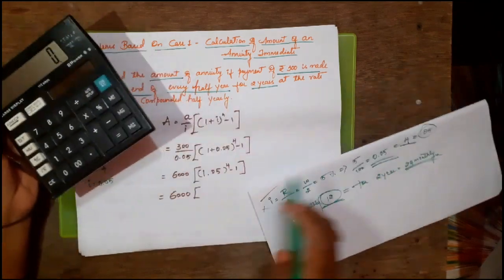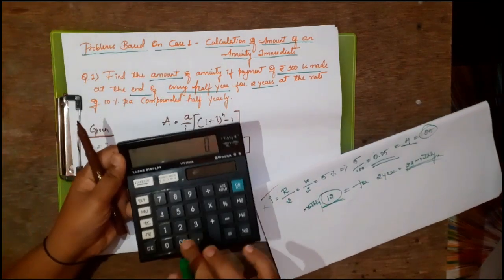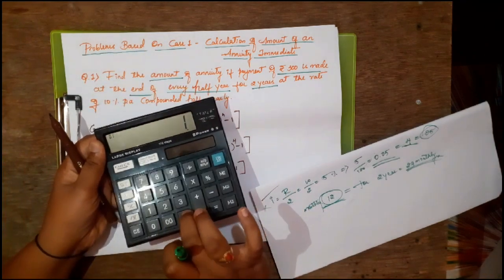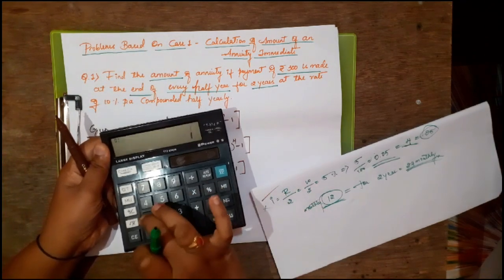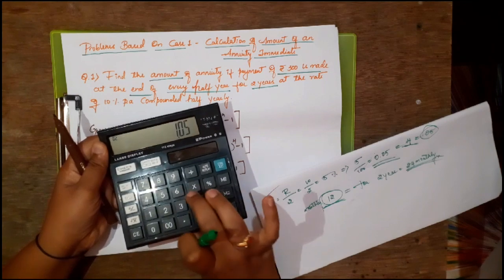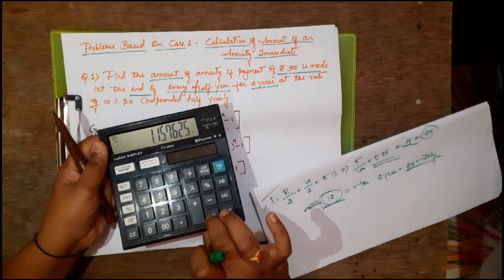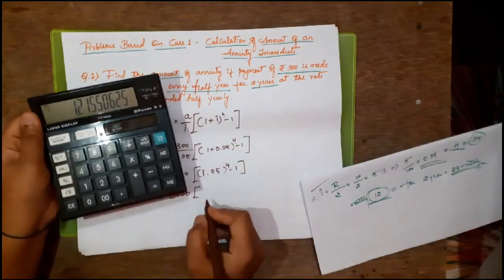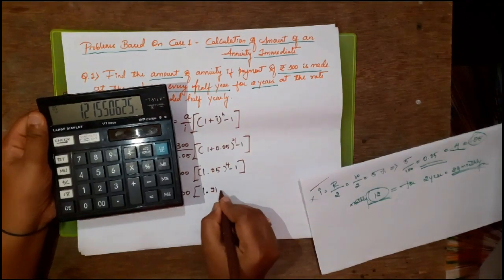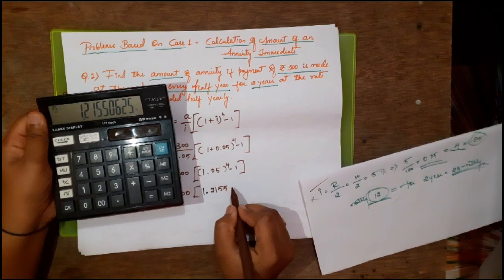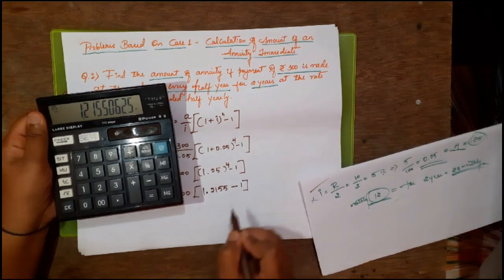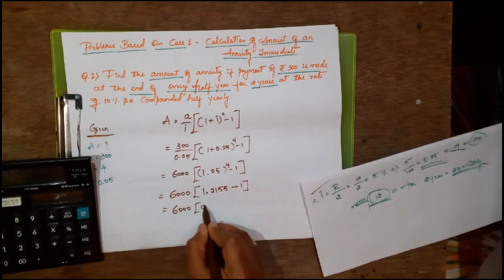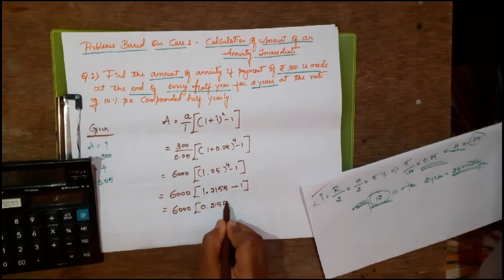So in our calculations there we have to multiply 1.05 into 4 times. Okay, 1.05 into 1.05 is equal to, we will get 1.2155, minus 1. So we will get 6000 into 0.2155.